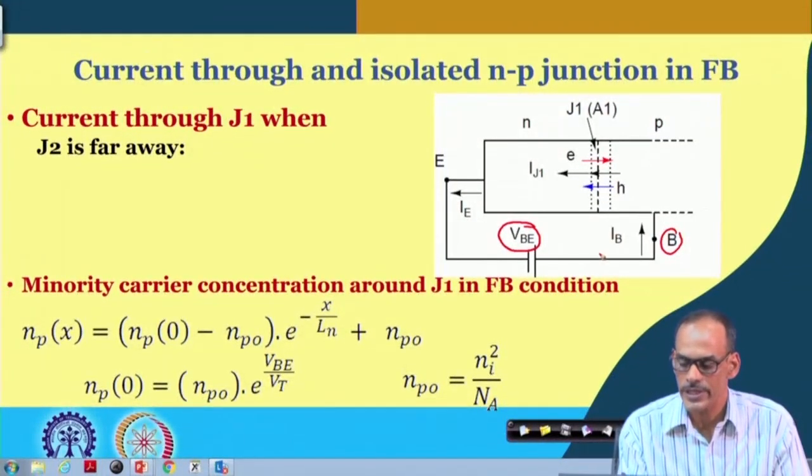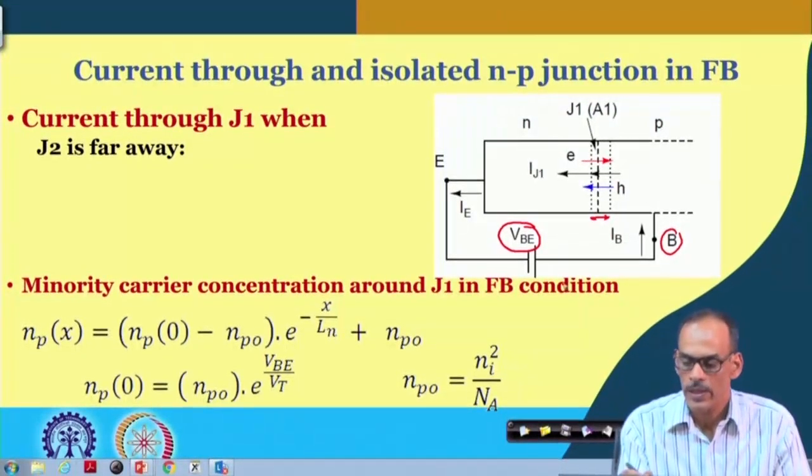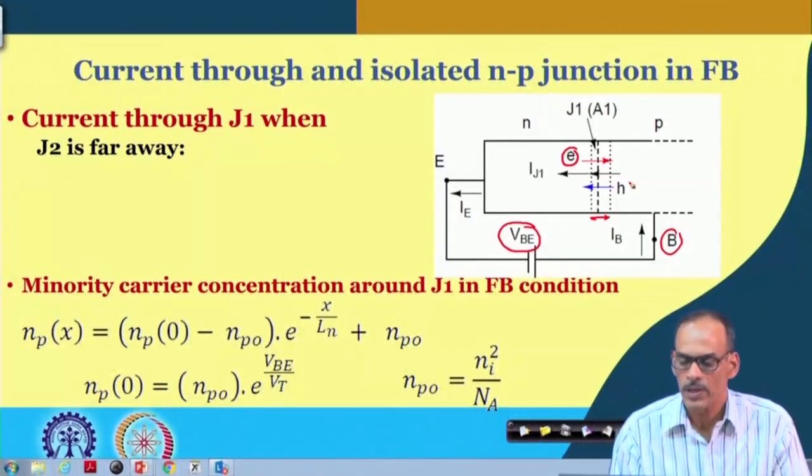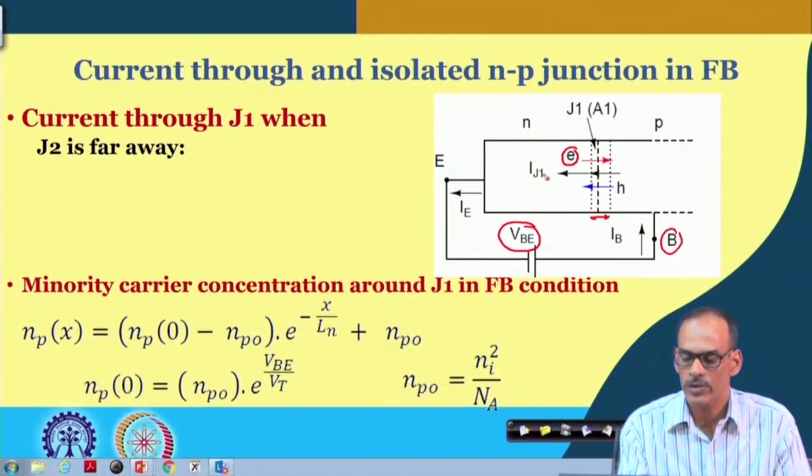Since this junction is forward biased, it will have a depletion region around the junction, and across this junction electrons go from the N region to the P region, because we have a lot of majority carriers, electrons, in this N region.